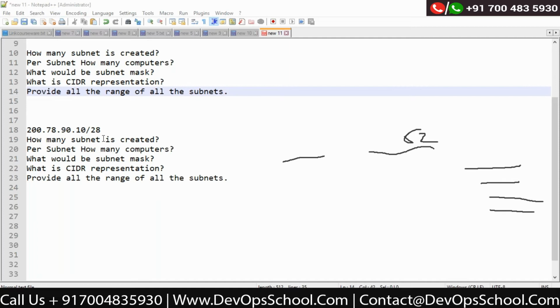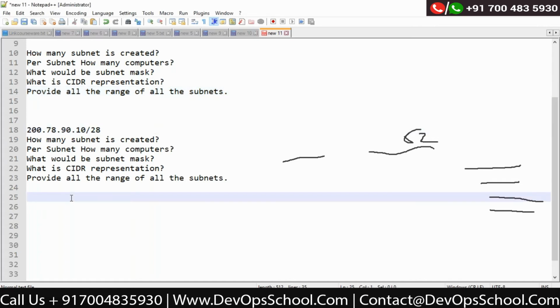Within each subnet, how many computers would there be? It would be 16 minus 2, that means usable IP addresses would be 14. The first and last IP address act as the broadcast and subnet ID. Correct? So you can see it's a simple thing.